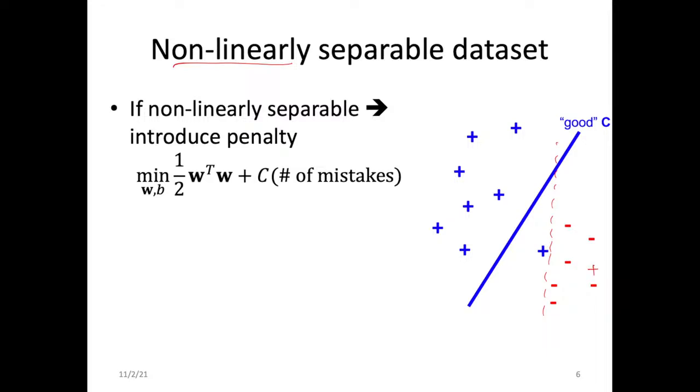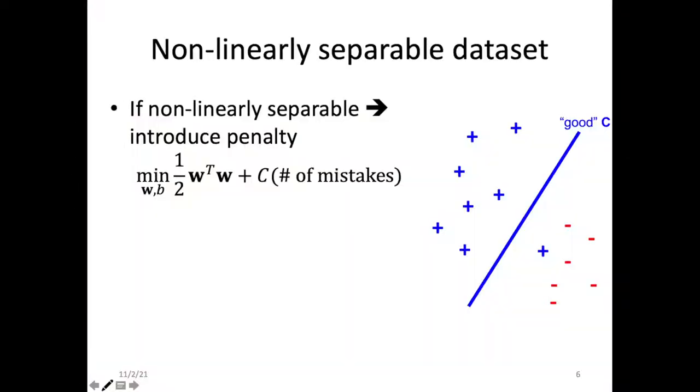I said that I assume all the data points are linearly separable, but what if they are not? Or in this case, although it's linearly separable, perhaps we allow some errors, if the margin can increase a lot.